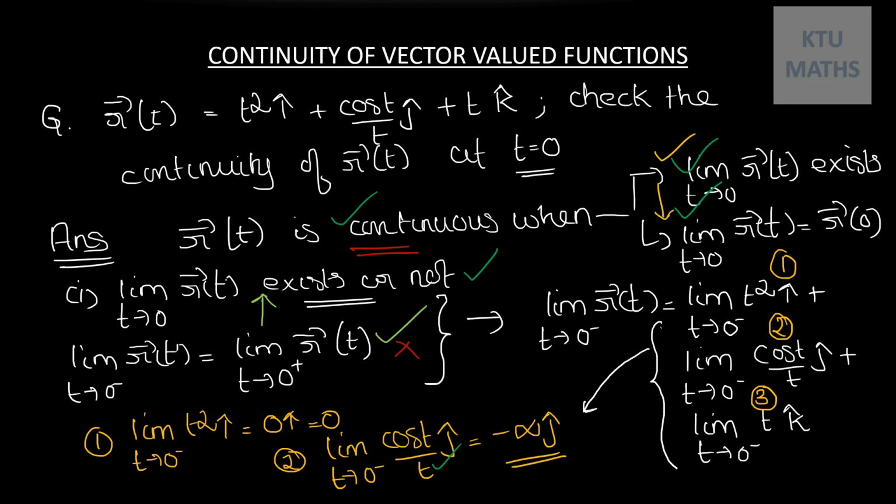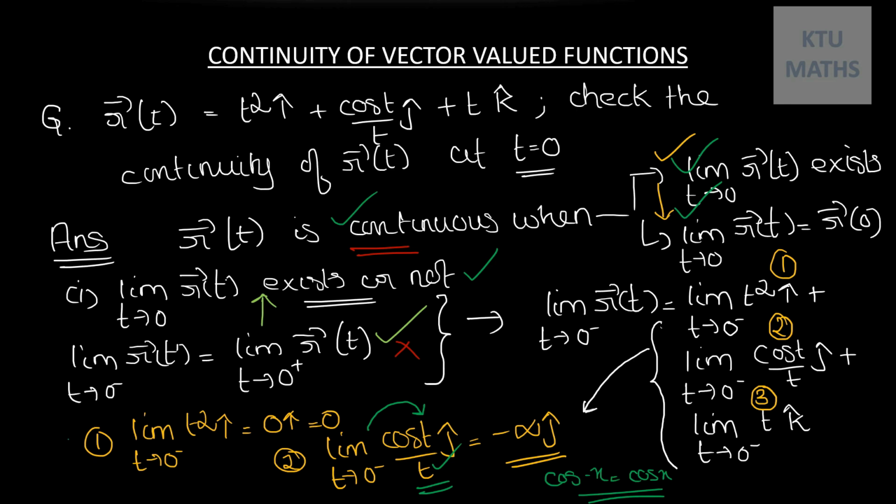When t tends to 0, it gets 0.00001, like that it gets a value, and when we put t as 0 here, it will become 1, and 1 by the smallest decimal number will give a crazy big value, and if it tends to 0, it will be approximately equal to infinity. And where did we get the minus sign? The minus sign we got from the denominator, because when we put in the value of minus t in cos t, it will just become cos t, because cos minus x is equal to cos x.